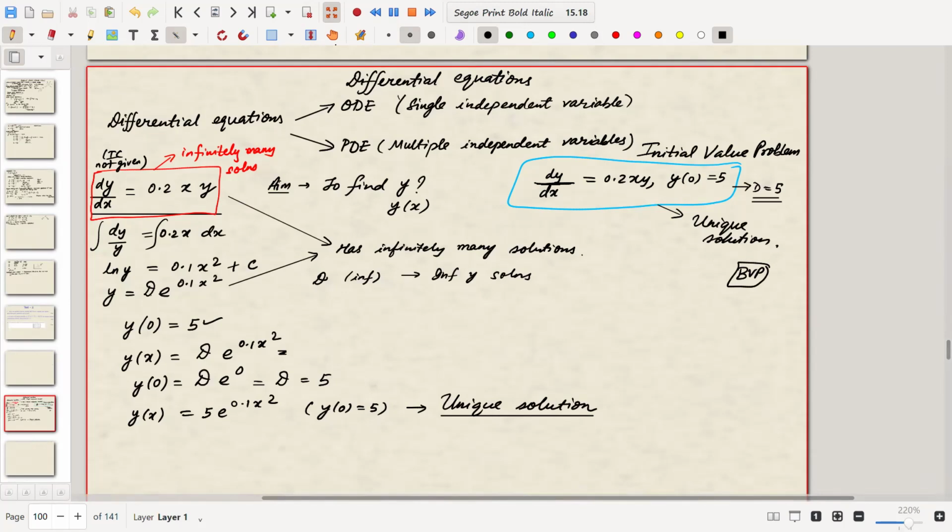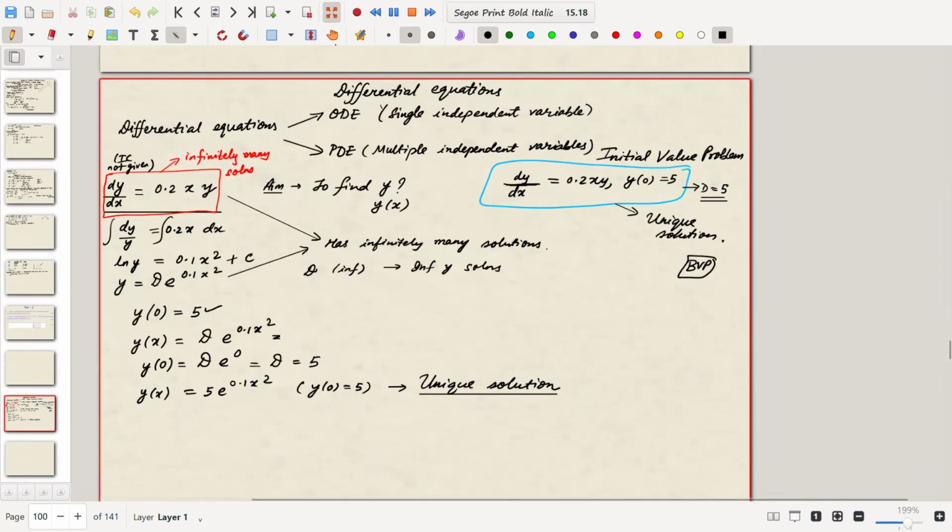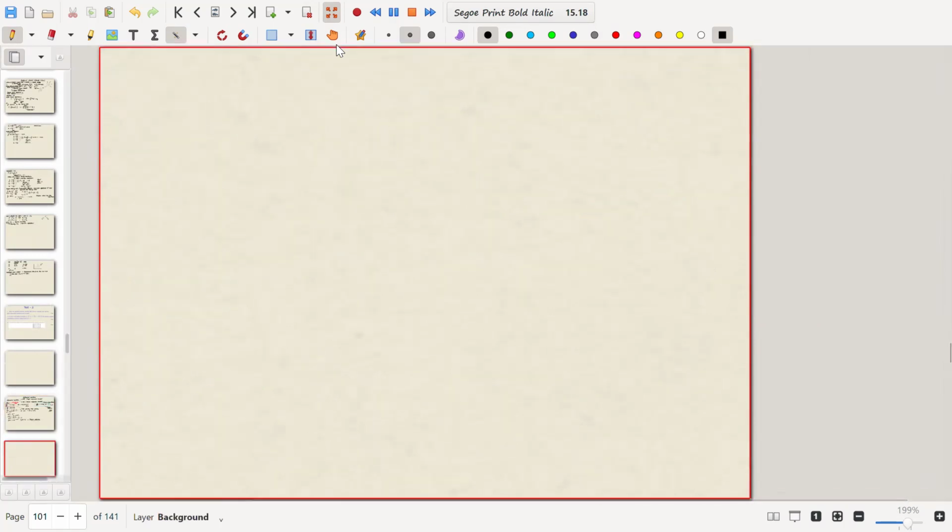Many methods are there, like shooting methods and multi-step methods, to solve them. However, we'll not go that deep in this course. I hope you learned about integrating factors and all those things in your bachelor's. Integrating factors, separable ODEs, and all these things you already know.